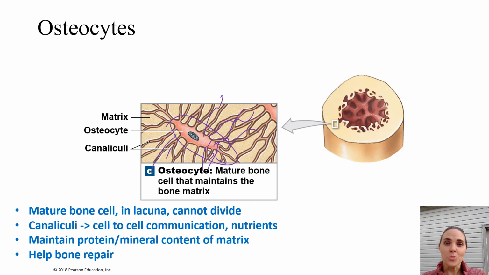Then the osteocytes rebuild the matrix, stimulating new hydroxyapatite crystals to be deposited. So that process of breaking down and rebuilding bone is constantly going on. The osteocytes also help repair damaged bone. If an osteocyte gets released from its lacuna, it can turn into a less specialized cell like an osteoblast and then can assist in bone repair.